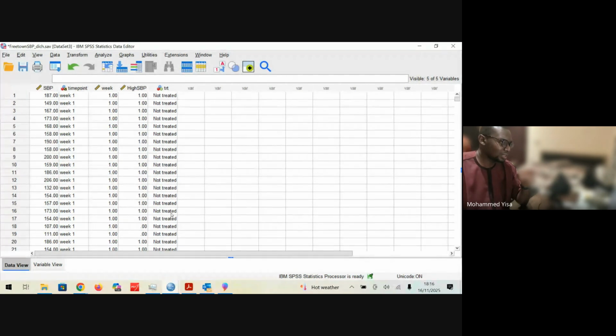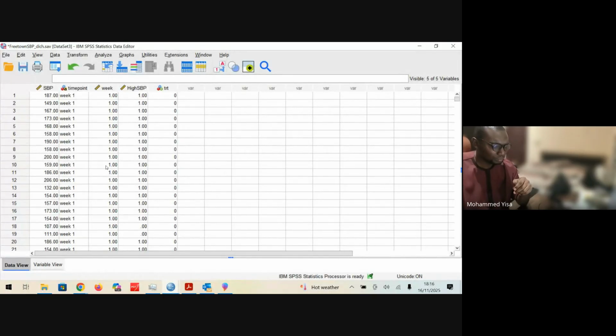It makes it easier to understand the data set, even though on the back end it's just zeros and ones. Also on the output table, because I have now added a value label, when we do our analysis, it's going to say treated, not treated. It's easier to interpret that way, because if you are doing several analyses and everything is 0 and 1, it's very easy to get mixed up what is 0 and what is 1, and you report that in your paper, and you get a lot of questions from reviewer 2.